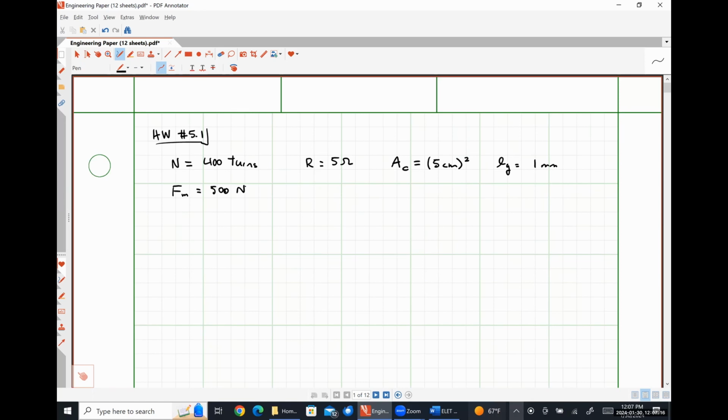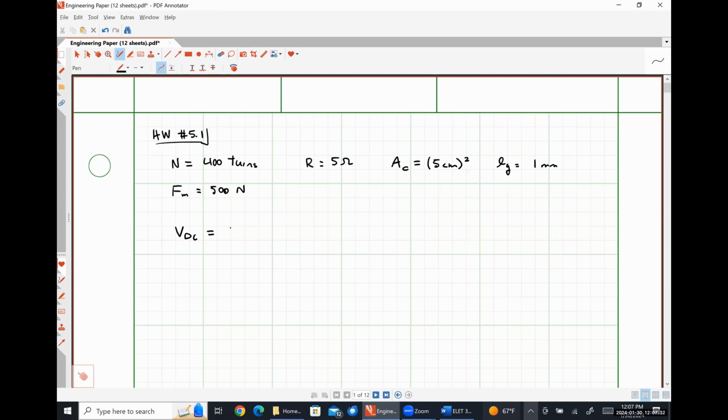All right, so we're trying to find the DC voltage required to lift a sheet of steel under the constraint that the air gap is going to be 1 millimeter.